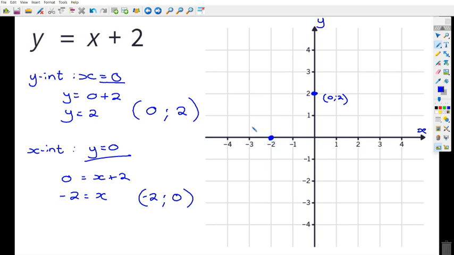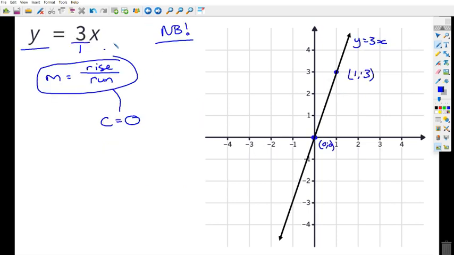I can plot that. That's (-2, 0). Now I've got 2 points, so I'm just going to draw my line straight through those 2 points. And I'm not going to forget to give my line a name: y = x + 2.